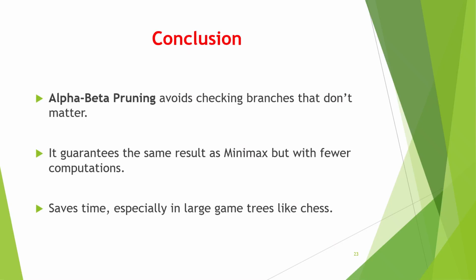Conclusion: alpha beta pruning avoids checking branches that don't matter. This algorithm avoids the branches which will never affect the final decision. It removes the unwanted branches and increases the speed of the game.